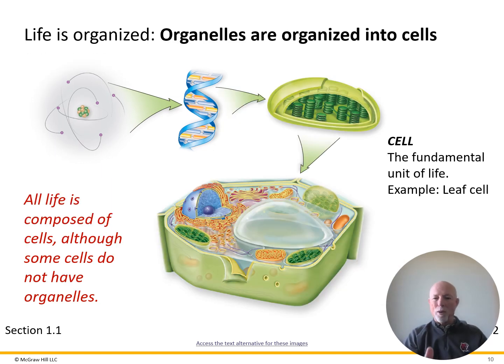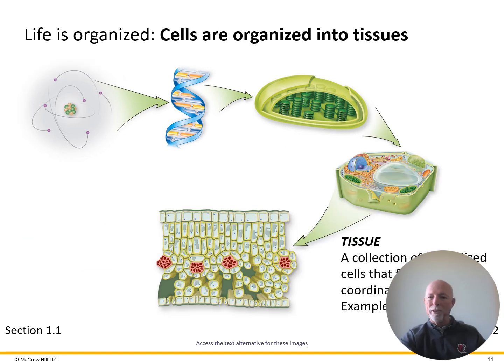And you kind of see what we're doing here. We're building in complexity. Life is built on complexity. And then organelles are used to comprise cells of all living things. Some are complex, some are very simple, some are larger, some are smaller, but organelles are used to build cells.